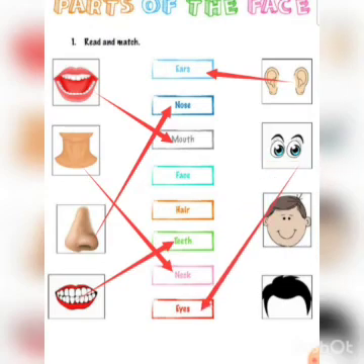Now next one is face. In this picture you can see eyes, mouth, cheeks, head, ears, right? This is face. And this one is hair.